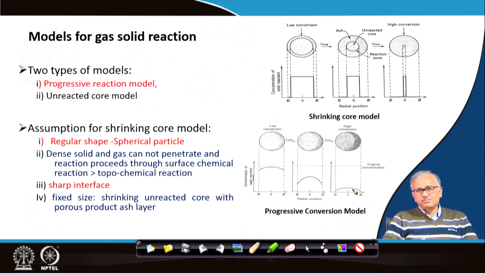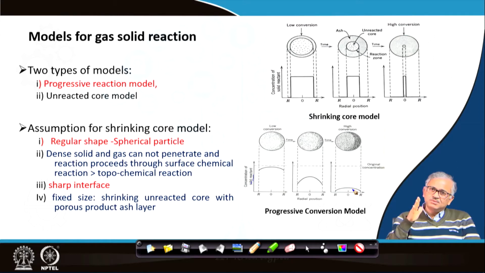The gas cannot penetrate the core so easily, and in most of the cases solids are very dense and the penetration of the gas is not that easy. So, gas basically cannot penetrate the solid body. What happens is the gas reacts on the surface and the reaction interface moves from the surface towards the core.